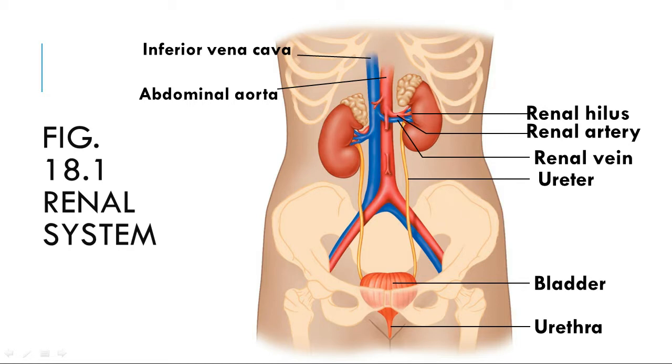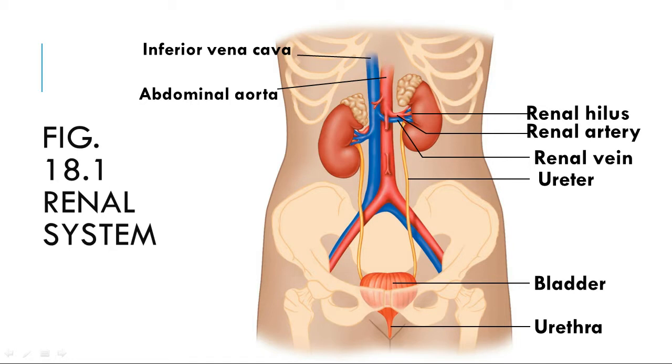To the bladder. What does the bladder do? It stores urine. And then also allows for the removal of it. We can store it and remove it, but we need to call into order the other organ called the urethra, which is the actual physical passageway for removal of urine.